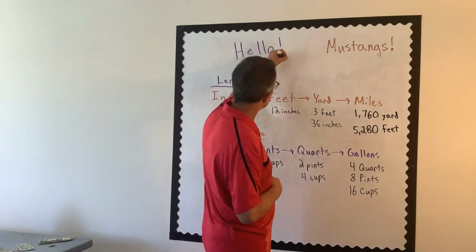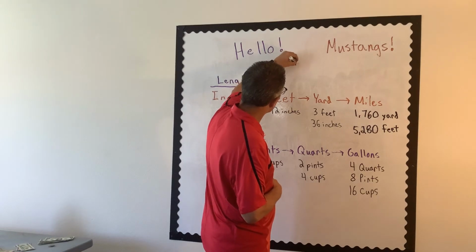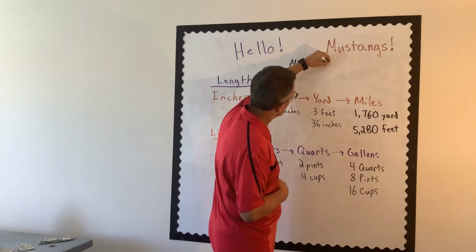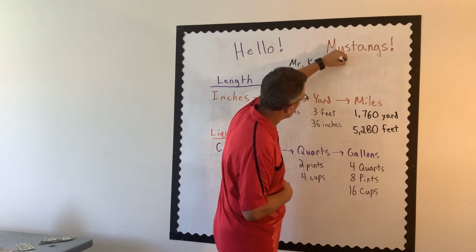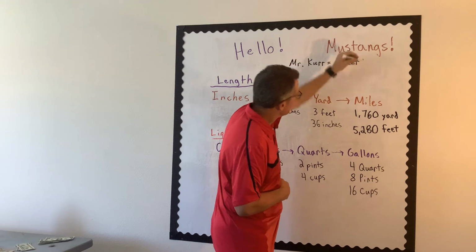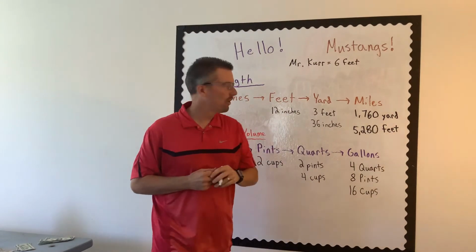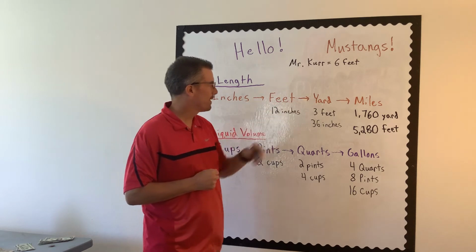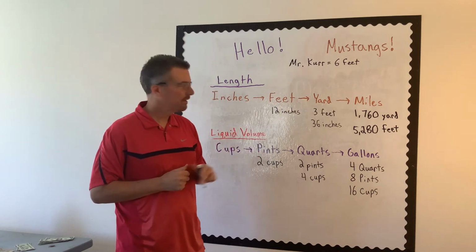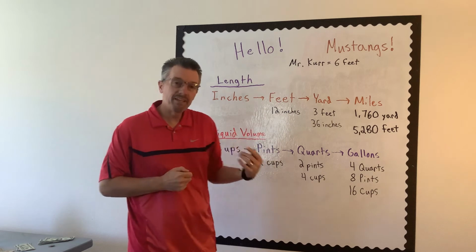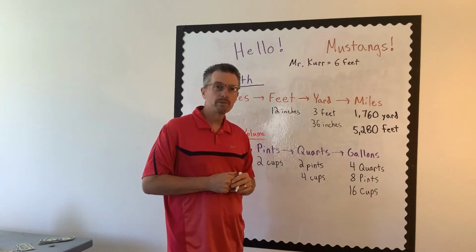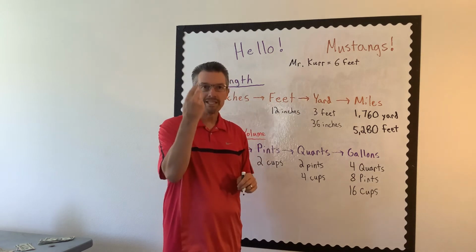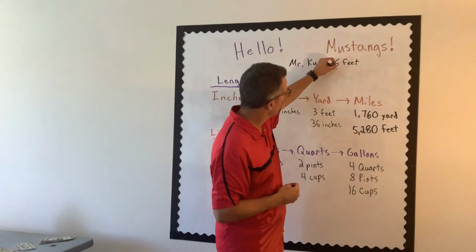So I'm going to say Mr. Kurr equals 6 feet. If I'm 6 feet tall, how many yards am I? If we look right here, we know there are 3 feet in a yard. So if I'm 6 feet tall, I'm 3, 6, 2 yards tall.